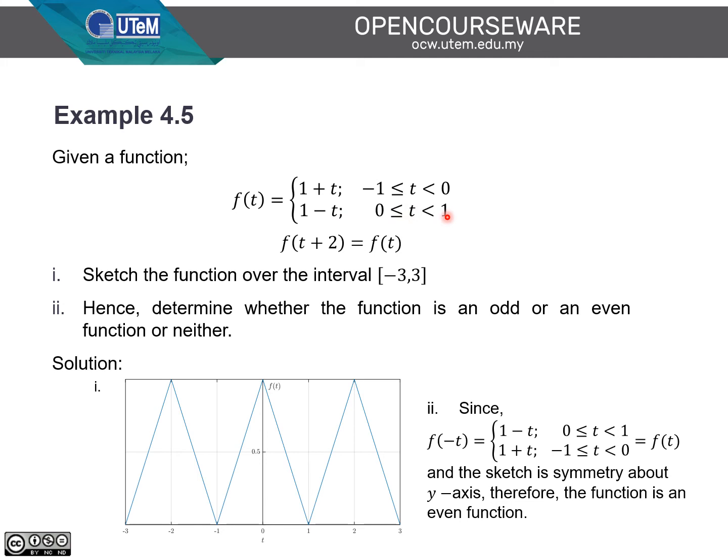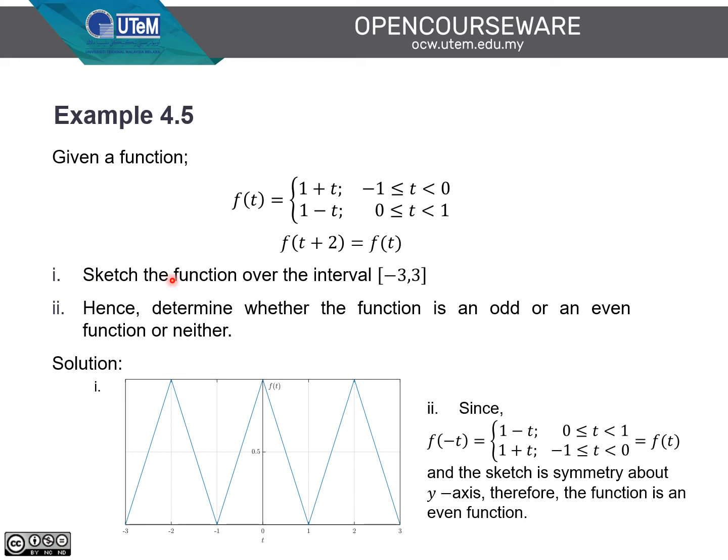It is a piecewise function with two intervals, and it is a periodic function since f(t+2), where 2 is the period of the periodic function, equals f(t). So it means that as t increases by 2 units or 2 seconds, the graph repeats itself identically.